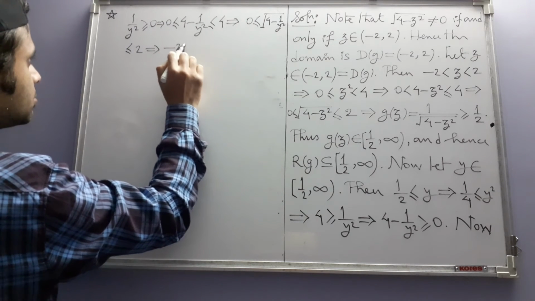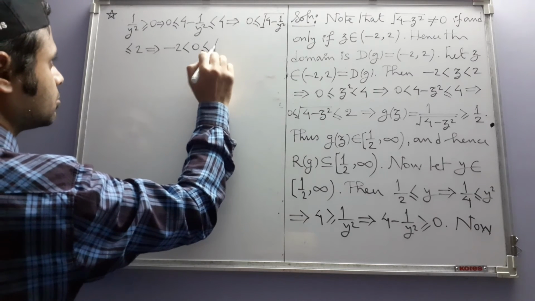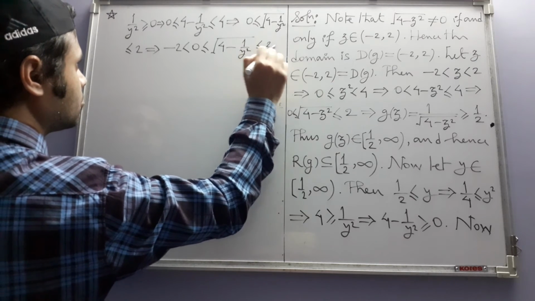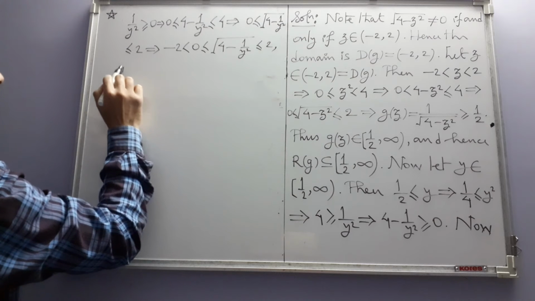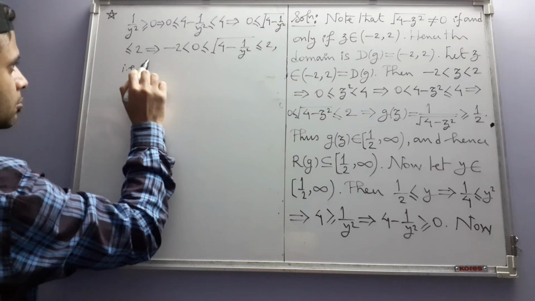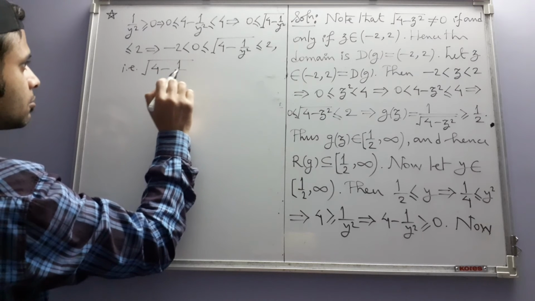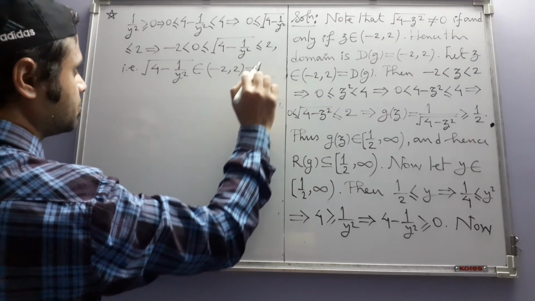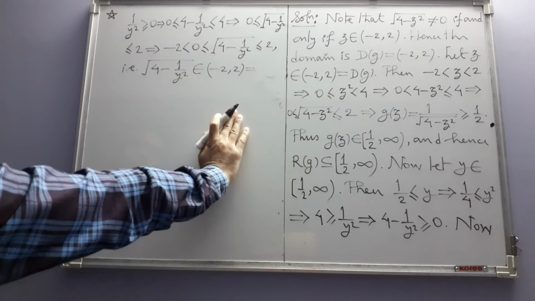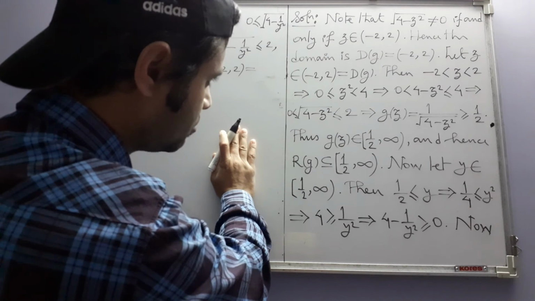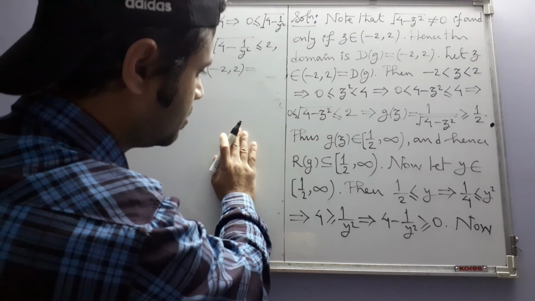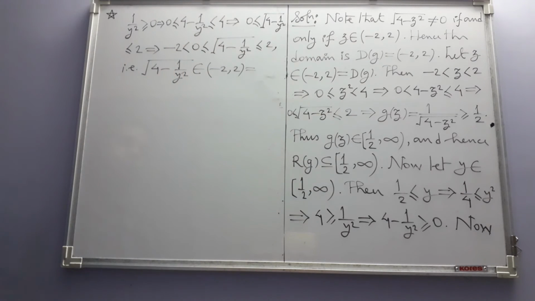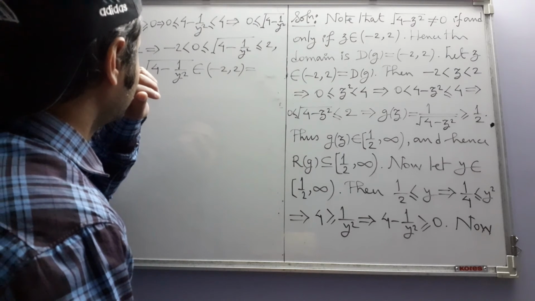This implies that this belongs to the domain. Oh, we are writing less than or equal to 4. Something has gone wrong in this calculation.